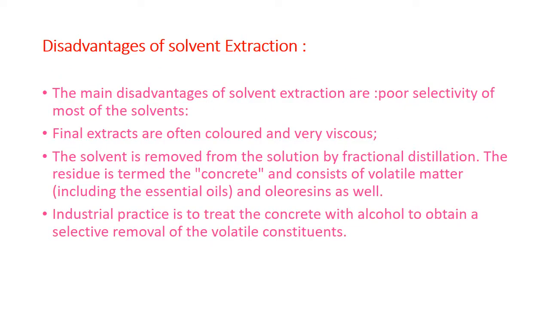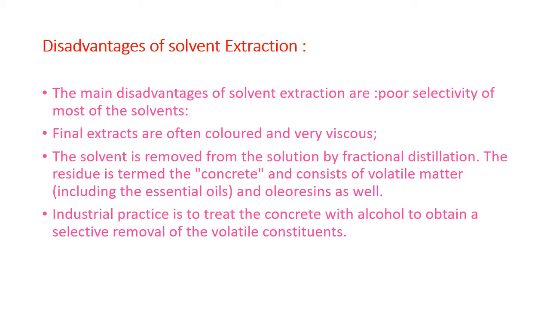Now the disadvantages of solvent extraction. Just like the steam distillation method, there are also disadvantages of the solvent extraction method. The main disadvantage of solvent extraction is poor selectivity of most of the solvents. The solvents which we use, alcohol, pet ether, chloroform, benzene, sometimes possess poor selectivity, means it is not perfectly selective for that specific type of terpenoid.